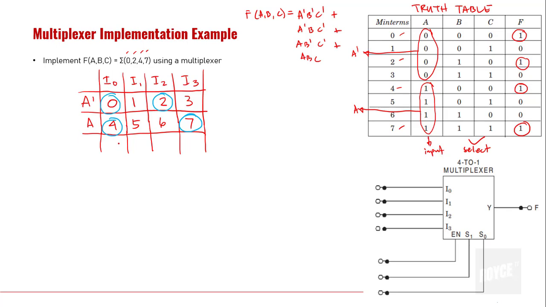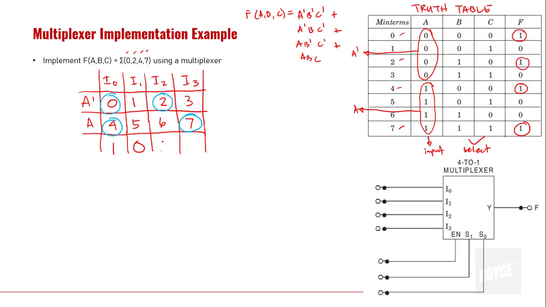For this column, I0 column, you will see that both the A complement row and the A row are both encircled. Ibig sabihin, lalagay natin dito ay 1. Now, for column 1, you will see that both rows are not encircled, so we're gonna put 0. For the column of I2, we'll see na-encircle lang natin is itong minterm 2, which is in the A complement row.